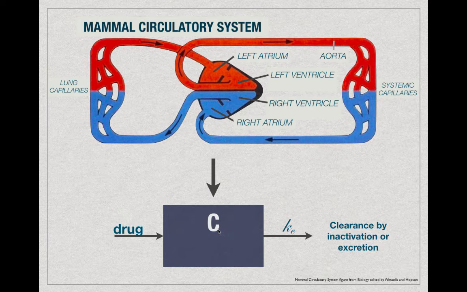We're only taking into account what's happening in the bloodstream. So here we are going to input a drug through an intravenous route of administration, and the clearance, so leaving the compartment, only happens by inactivation or excretion, and this happens with a rate Ke.